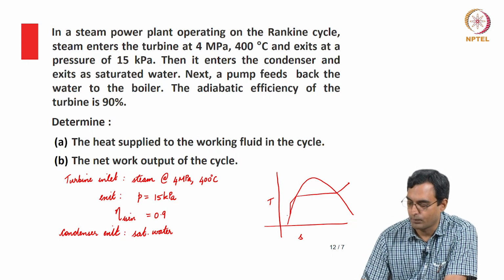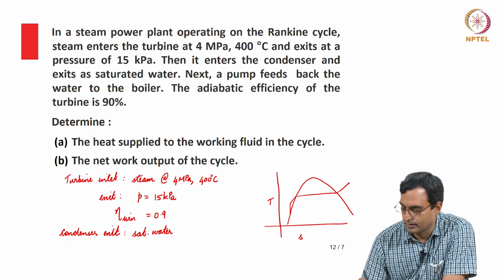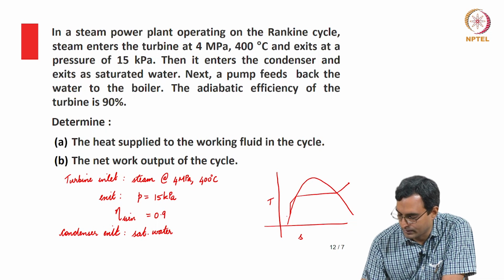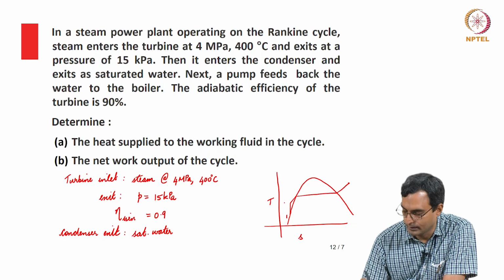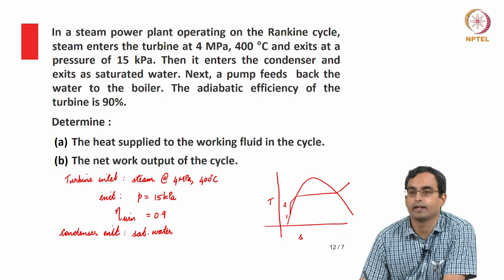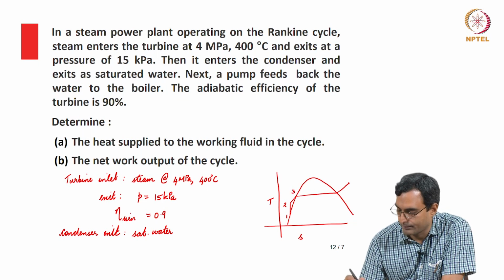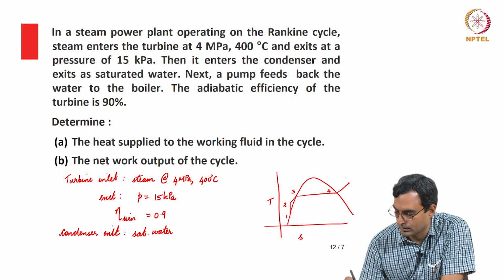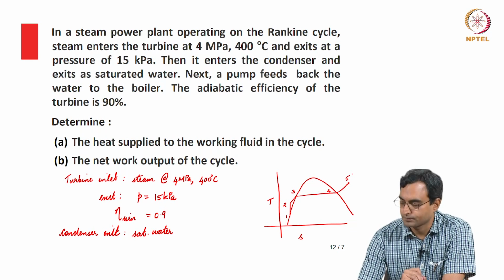So, I have some point, this is the condenser outlet, this is essentially the pump. So, let me call this condenser outlet, which is the pump inlet, as some 1. Point 2 is the inlet to the boiler. From 2 to 3 to some 4 to some 5 is heat addition in the boiler.